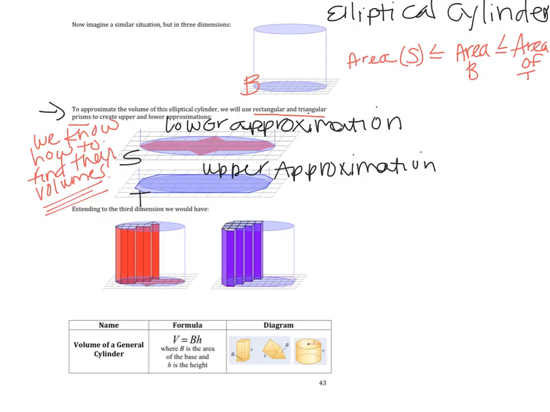So we have a nice inequality there. And extending to the third dimension, we would have something that looks like this as well as that. So for volume, we would have to multiply the area of the base by the height.